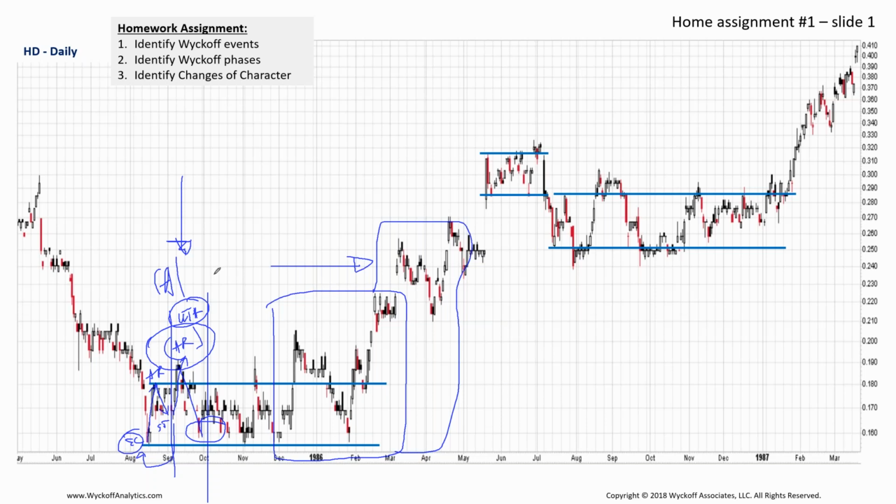No. I see a lot of this mental resistance: I have to label everything correctly. You have to trade everything correctly. You don't have to label everything correctly. I'm going to go even further with this statement. You have to trade correctly. You don't have to analyze everything correctly. And that is counterintuitive because we always think that by making a good analysis, that will lead to a good trade. Not necessarily.